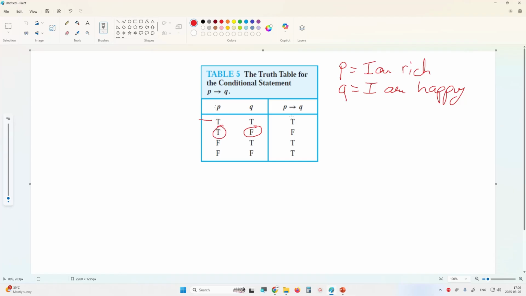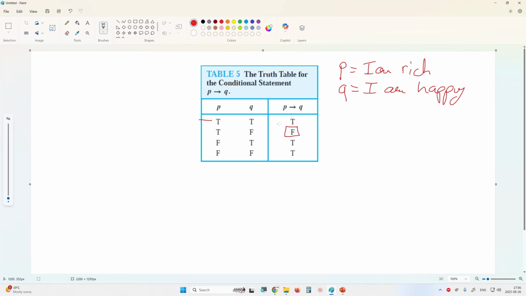Regardless of P and Q being true or false, the result is going to be true. The only time it is going to be false is if the initial one is true and the resulting one is false. Anywhere else, this is going to be true.